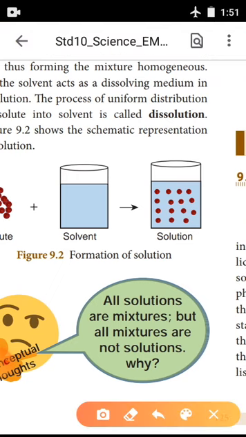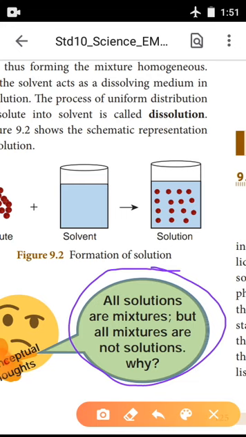They are asking one question: all the solutions are mixtures, but all the mixtures are not solutions. Why? Because we have two types of mixture. One is homogeneous mixture, another one is heterogeneous mixture. If the mixture is a homogeneous mixture, that is a solution, we can accept that as a solution.